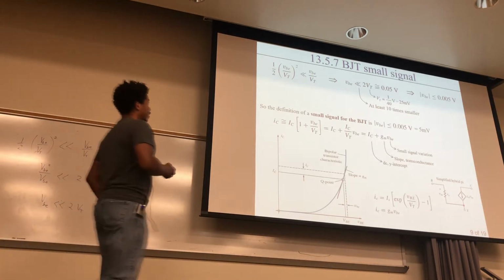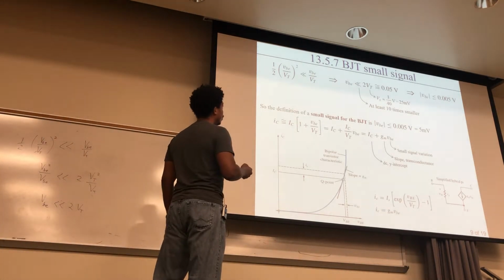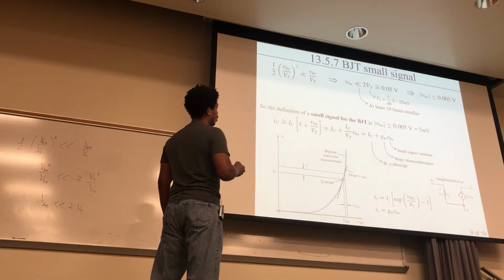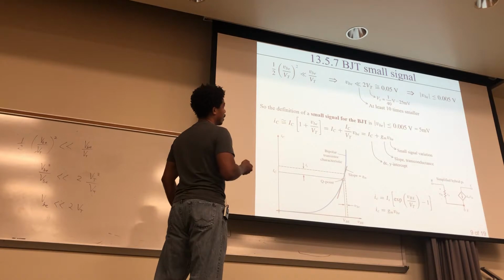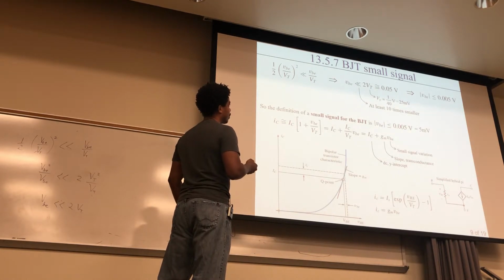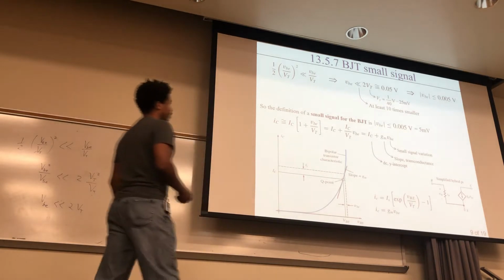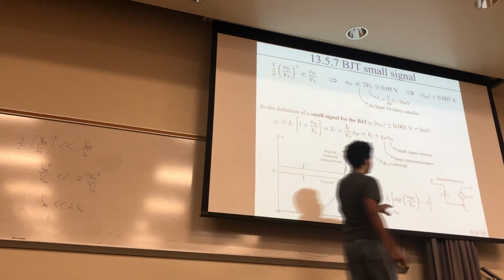So here's the definition. For a small signal for a BJT, the voltage between the base and emitter has to be less than or equal to 0.005 volts, or 5 millivolts. So that's what this is right here.